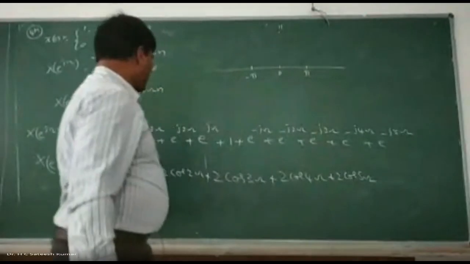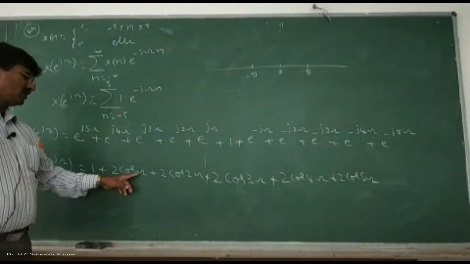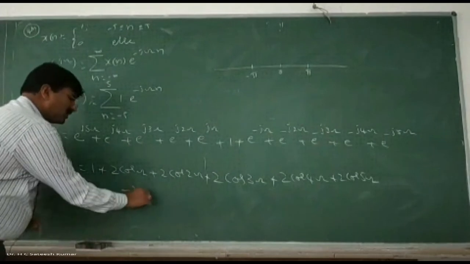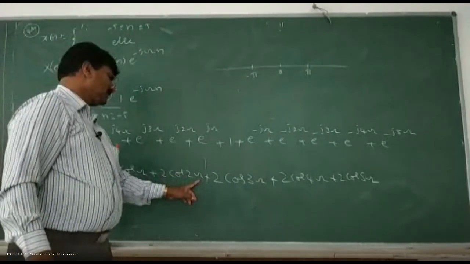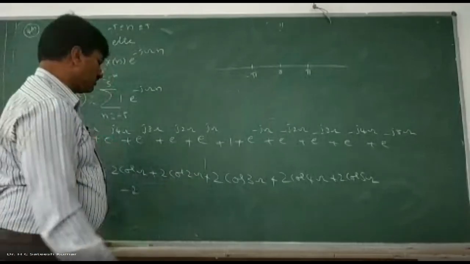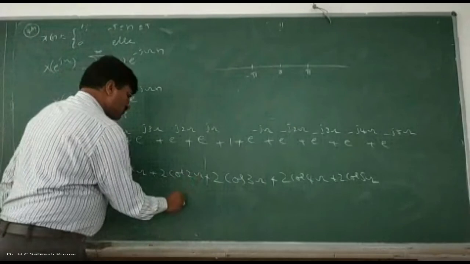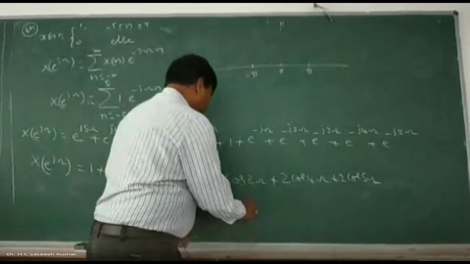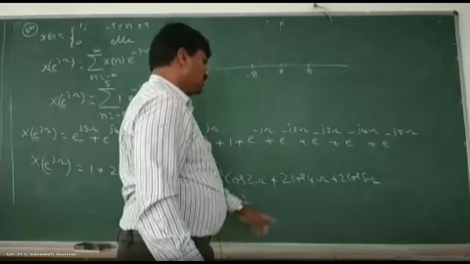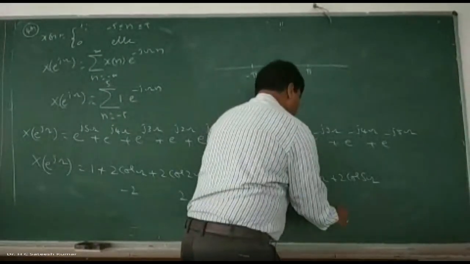Okay, right. At pi, cos pi is minus 1, so this becomes minus 2. Cos 2 pi is cos 0, which is 1, so it becomes 2. Cos 3 pi is cos pi, which is minus 1, so minus 2. Cos 4 pi is cos 0, which is 1, so 2.